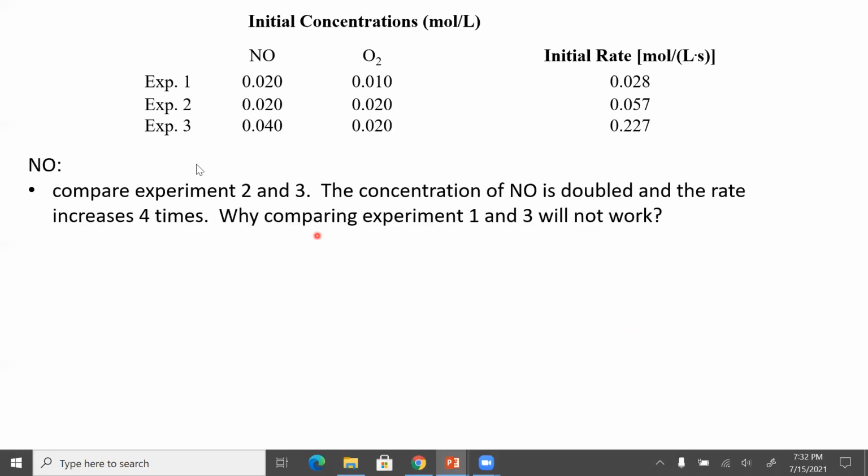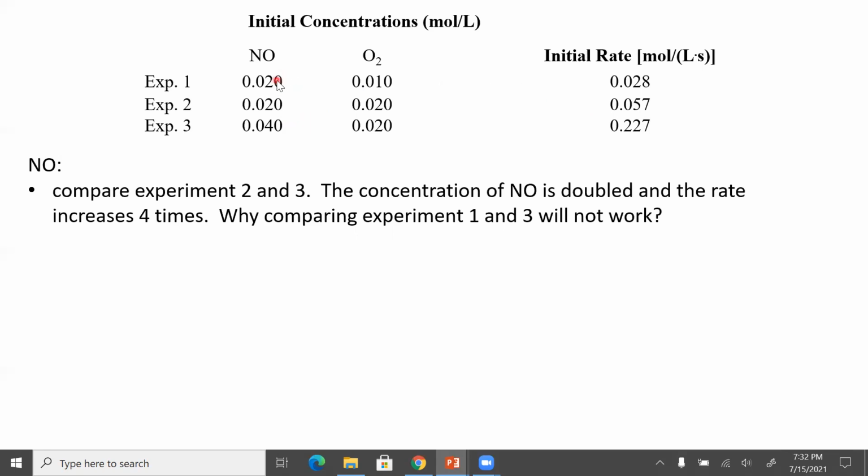Now, we're going to start by comparing trial 2 to trial 3. The reason we're going to do that is because the concentration of oxygen doesn't change from trial 2 to trial 3. So whatever happens to the initial rate is because of the change to the nitrogen monoxide.